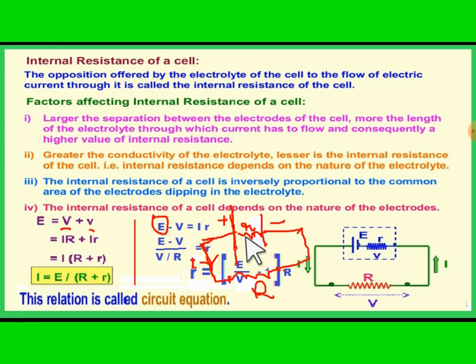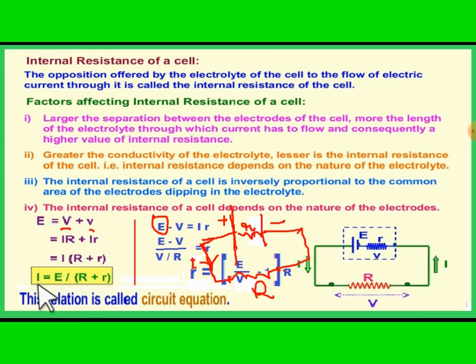internal resistance also. So we will write small v as I into small r, where I is the current flowing through this circuit. Whatever current is flowing outside, that much current will also be flowing inside the cell within the electrolyte. So if you take I common, then you will get it like this.